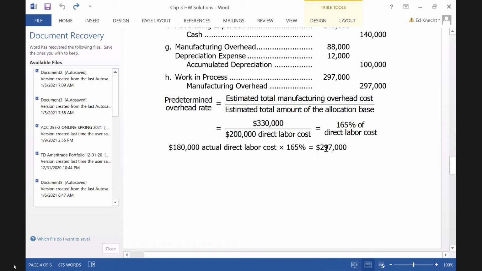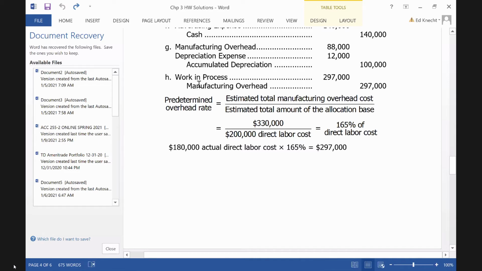So we're going to apply $297,000 as our overhead. We debit work in process. We credit manufacturing overhead. Manufacturing overhead is credited for the applied amount. We debit work in process for the applied overhead.